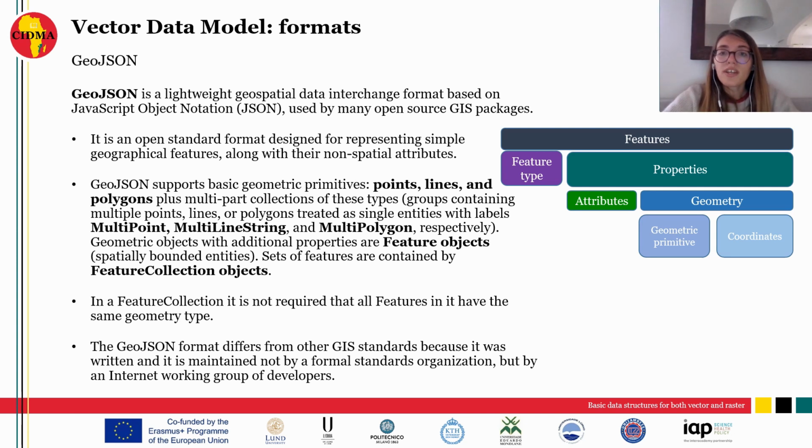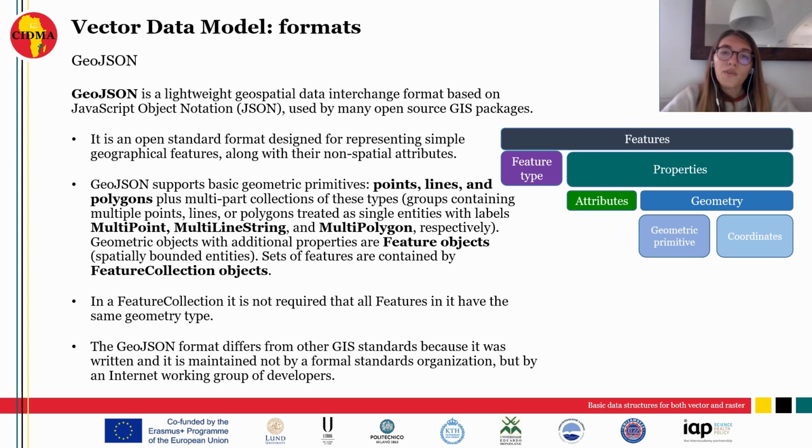GeoJSON is based on JavaScript Object Notation, JSON, and it is a lightweight geospatial data interchange format. In particular, it is used by many open source GIS packages, and it has been designed particularly for representing simple geographical features along with their non-spatial attributes.